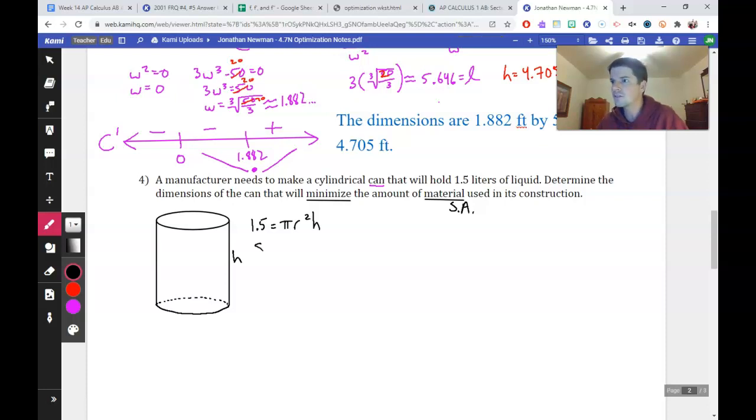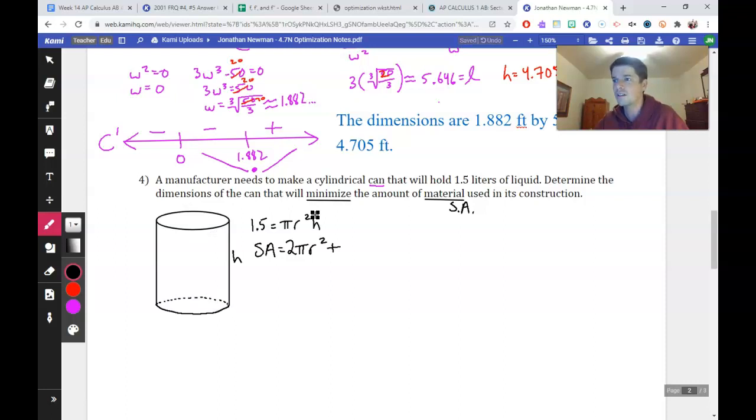But the material, the surface area, which is the thing we're taking the derivative of, involves the base, the bottom and the top, right? So pi r squared is the base, and there's two of them, because there's two circles, one on the bottom and one on the top, so 2 pi r squared. Plus the area on the side, and the area on the side, just like you would guess, is the circumference of the circle times the height.